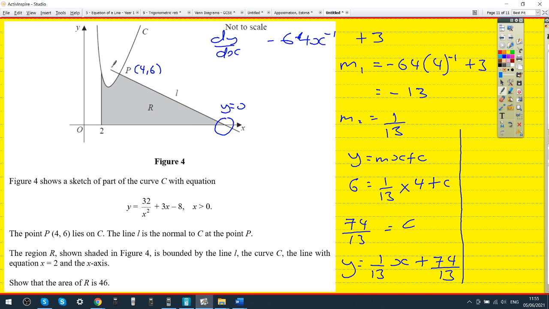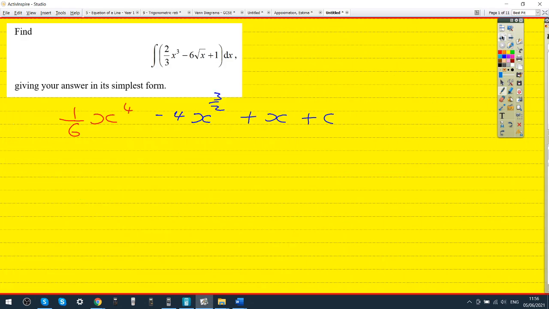It looks like it's positive to me. I think their diagram isn't good. 32 over x squared plus 3x minus 8. I'm not going to bother with that. You'd make y 0, solve for x, and then integrate between those two. There's a bit more work involved, but let's leave it.